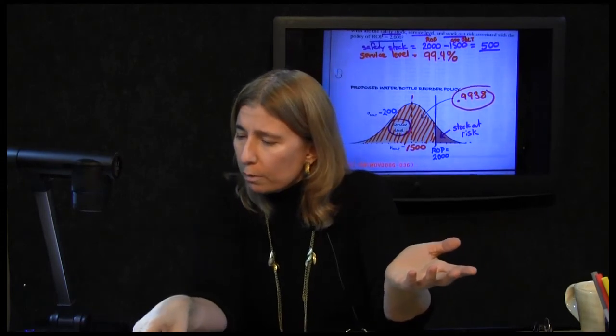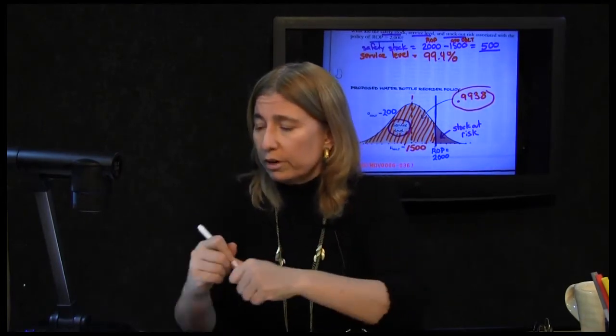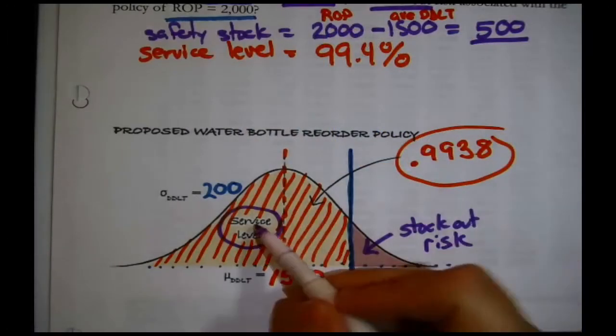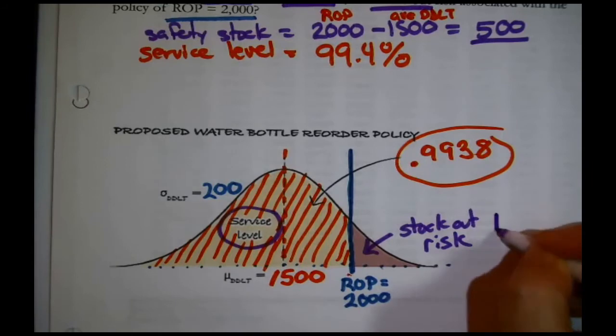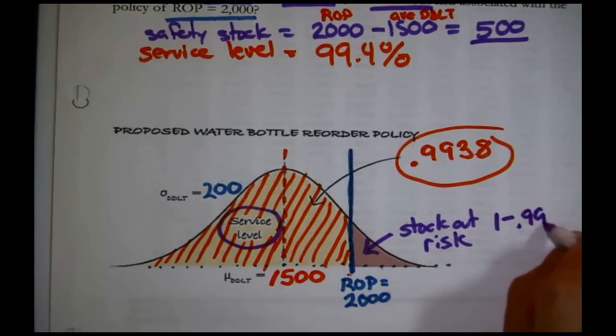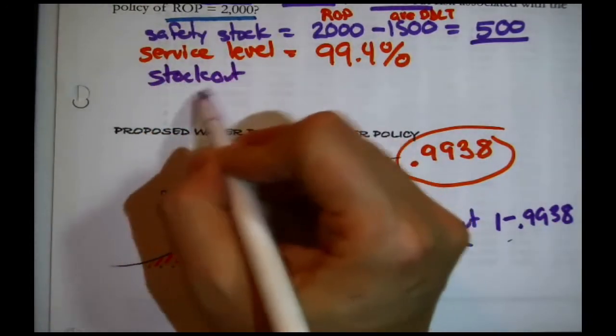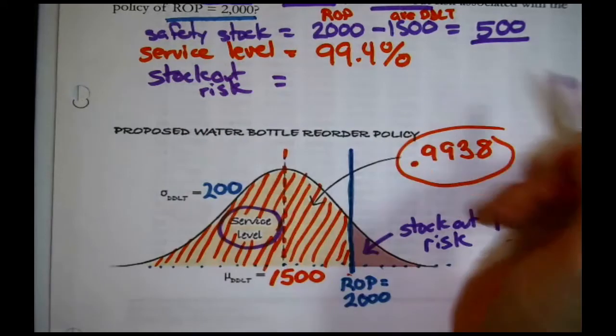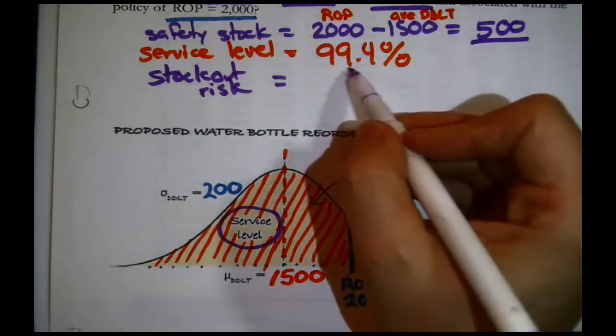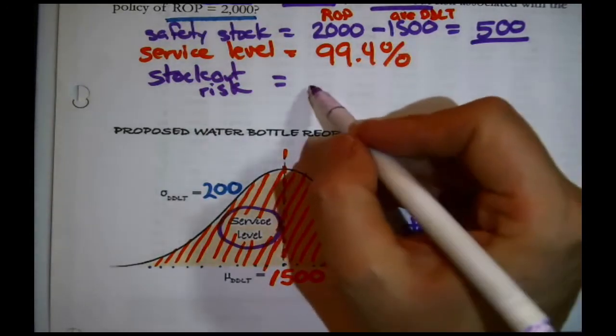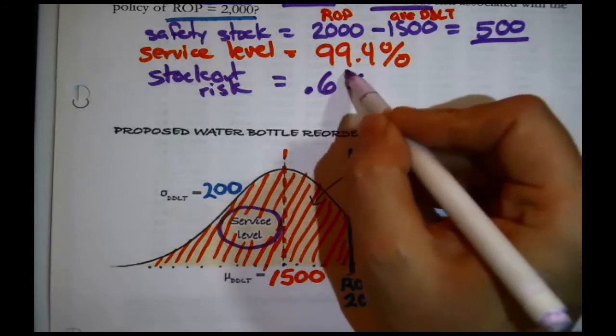Now it's also asked what's the stockout risk. Having found the service level, the stockout risk is a breeze, because the stockout risk is just the opposite of that. It's not very much at all in this case. What is the opposite of 99.4%? 0.6%.